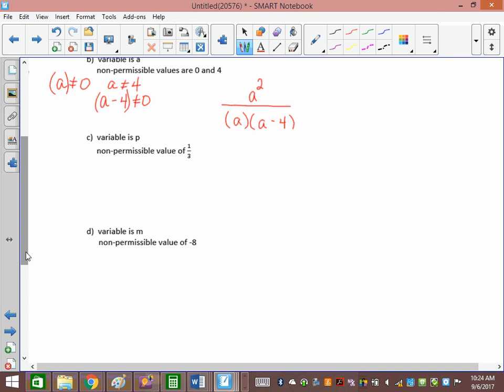So we're going to look at C. C is the variable is p this time. The non-permissible value is 1/3. So we're going to have p cannot equal 1/3. How do I undo a 1/3? Some people would say, well, I can go p minus 1/3. Yeah, p minus 1/3 is correct, but that answer will never be there.